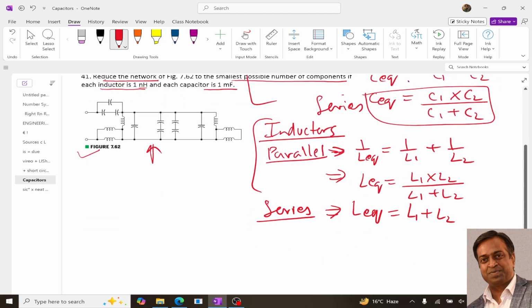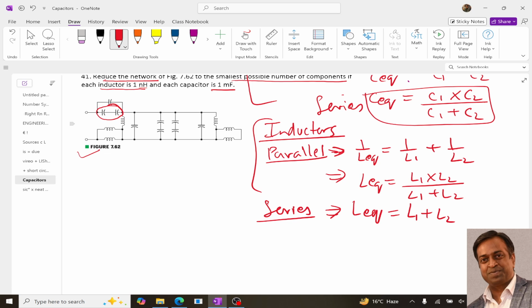If you look at just this part of the circuit, we have two capacitors, and all the capacitors are 1 millifarad.